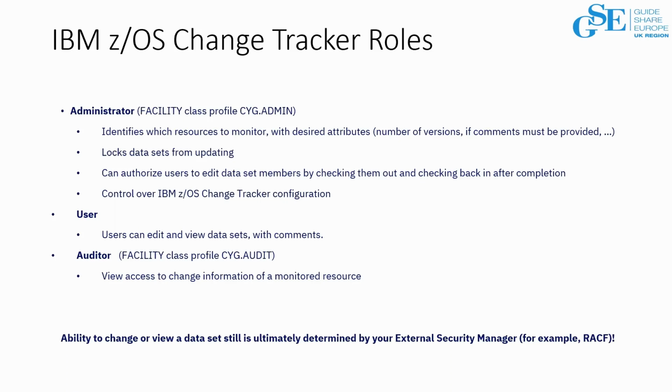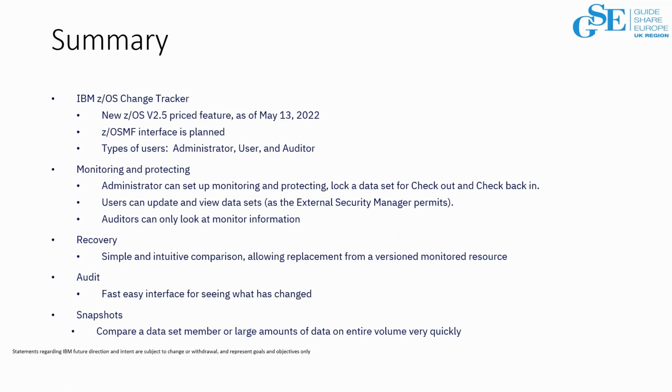The question hasn't come up yet, but people are also asking about USS files, Unix System Services files. That is being looked into, to provide the same form of locking mechanism as is performed on PDS and PDSEs, because there are a lot of configuration members that now reside within the USS structure.